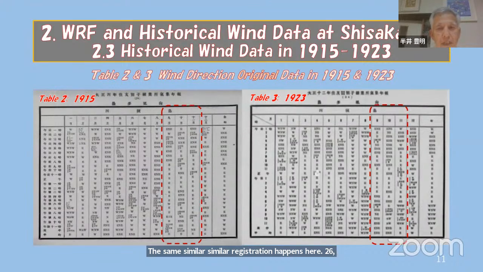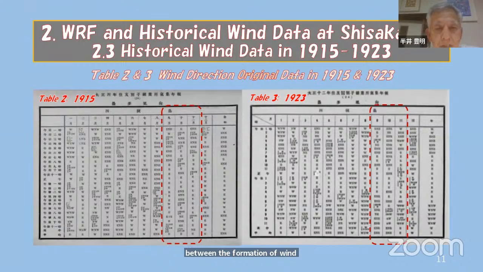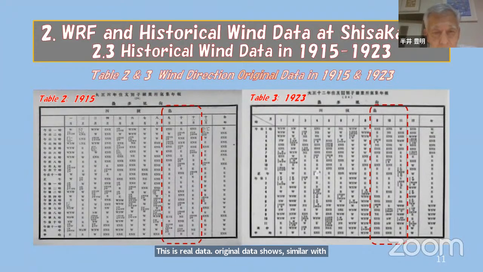This is 1915 and 1923. The original real data shows a similar pattern to the WRF data in those 3 months.